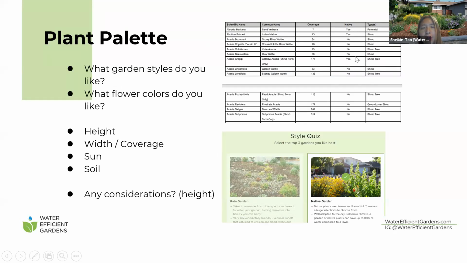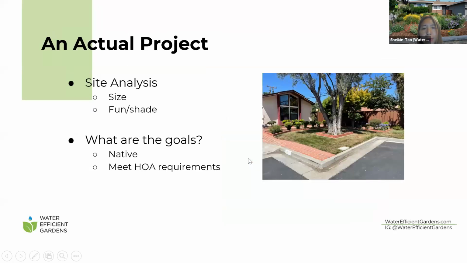Based on all these factors, one thing to know is the analysis about the sun exposure. As you can see right here, the front part has very good sun exposure, but back here, because of the tree, it's shade most of the day.